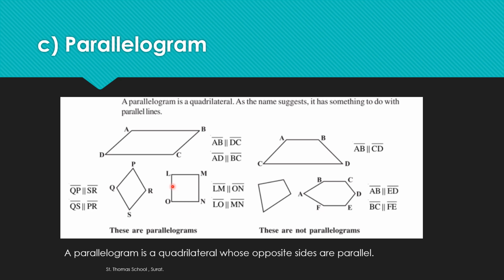That means opposite sides are parallel. Here AB is parallel to CD, but these two are not parallel, so it is not a parallelogram. That means both sides are parallel. Opposite sides are parallel. Here no sides are parallel, right? So it's not a parallelogram, and here more than four sides, so again it is not a parallelogram.